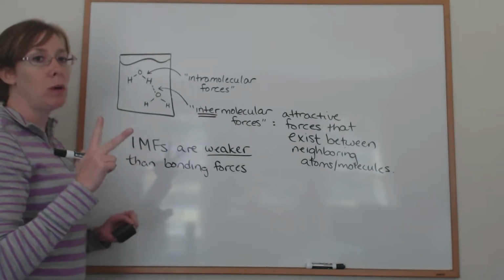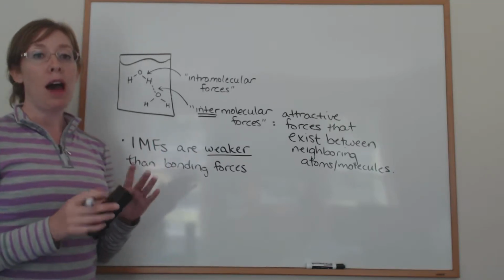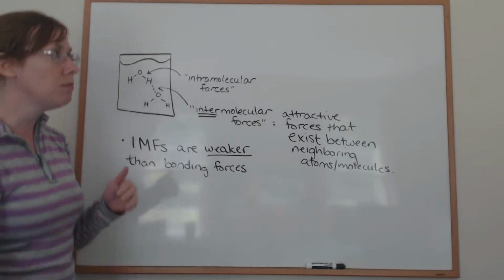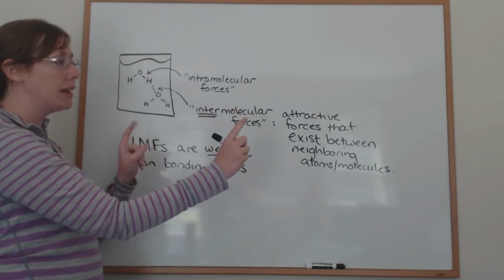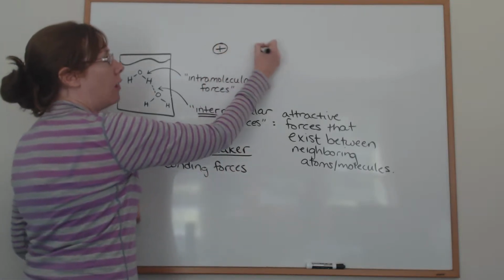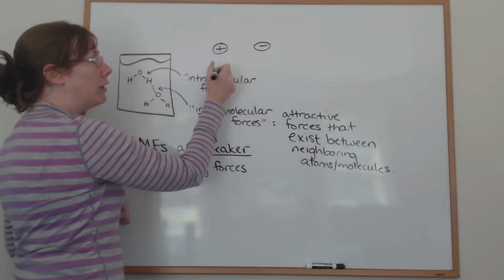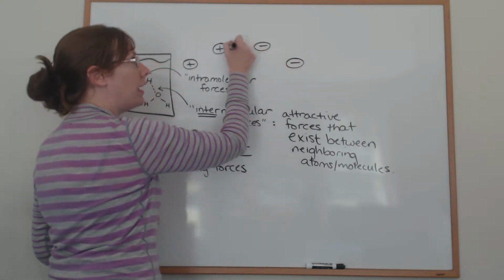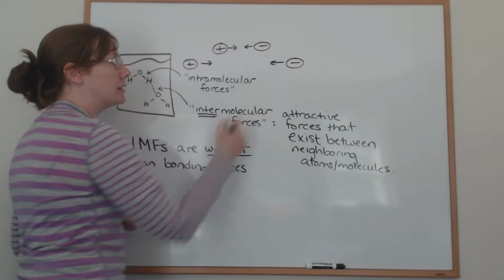And there's two reasons why they're weaker. Number one, they are weaker because they operate at greater distances. So if you can just picture an attraction between a positive and a negative particle, we'll just put it up here for now. Okay, this attraction would be far greater than this attraction, just because you are trying to operate at a greater distance.